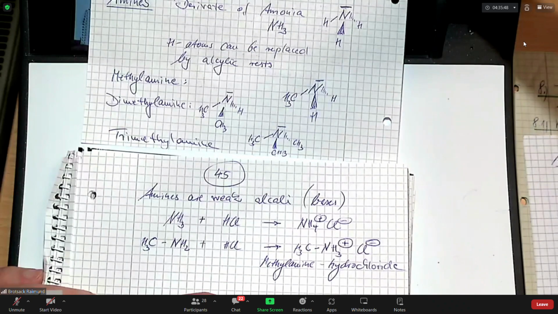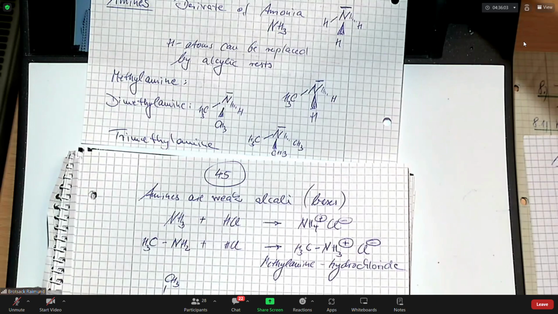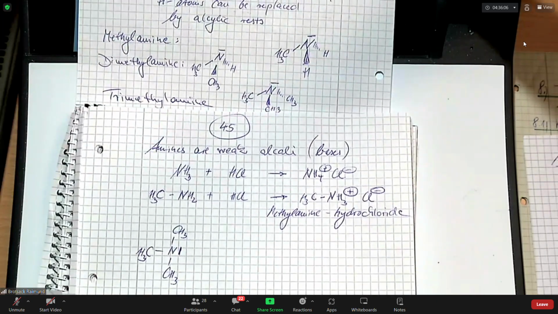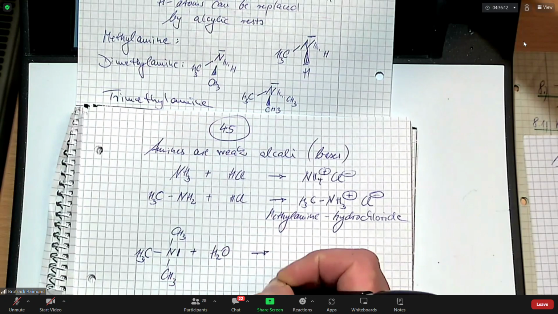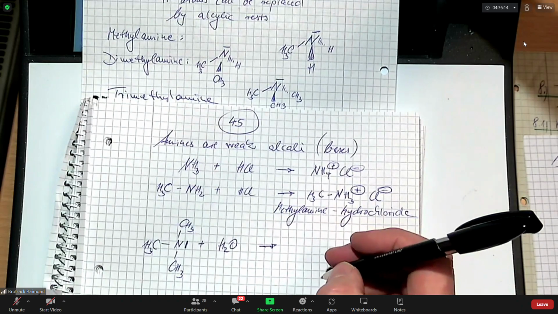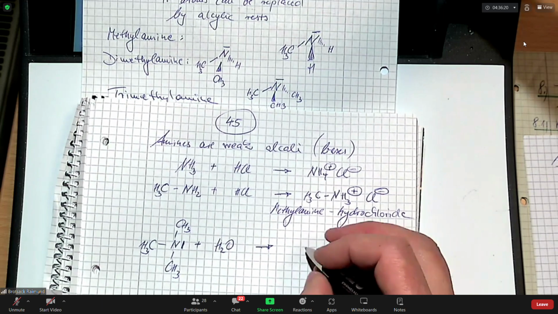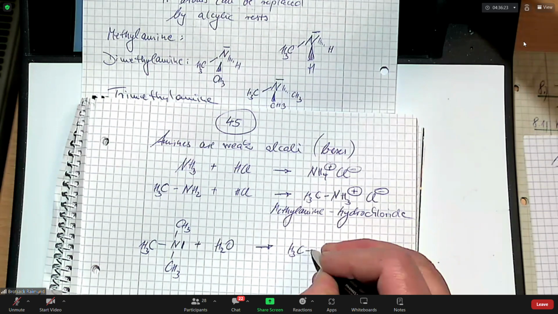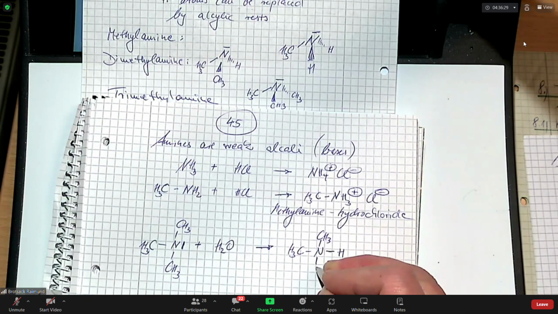And to show you another, this trimethylamine in a planar structure. This is the same as we already drew it above, the trimethylamine, and it can add a water molecule, and then we have the trimethylamine hydroxide here, CH3, and then a proton is accepted, CH3, CH3.